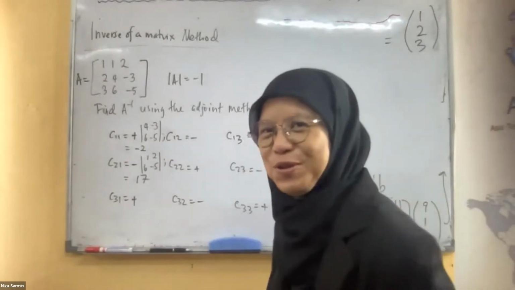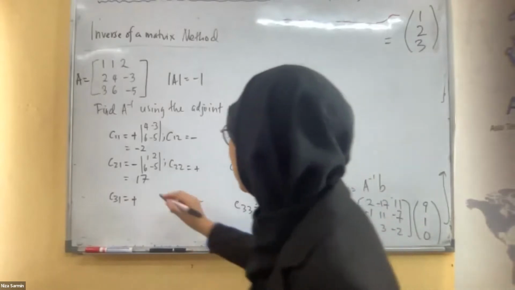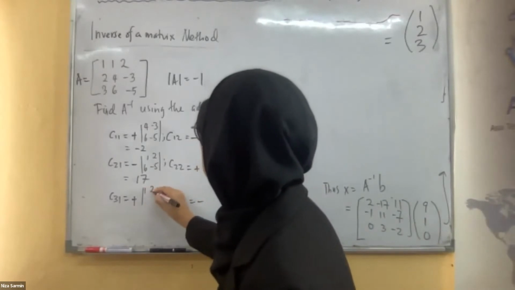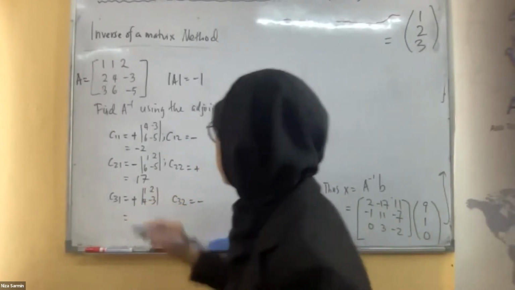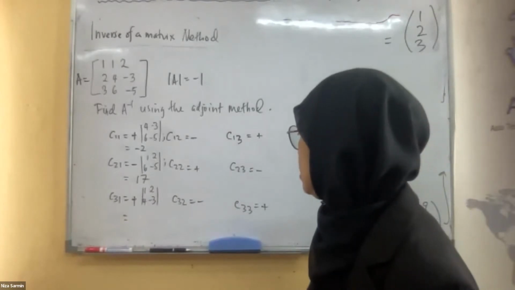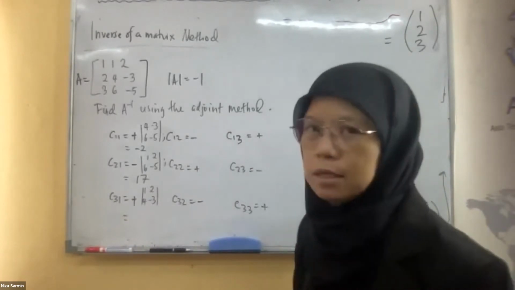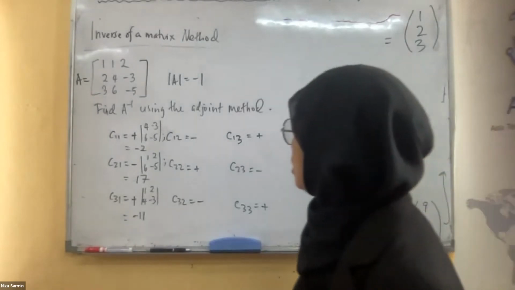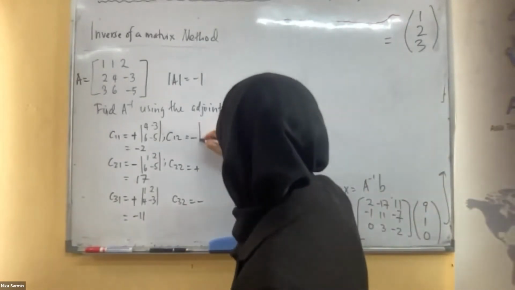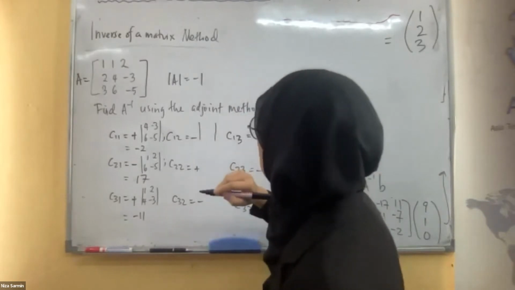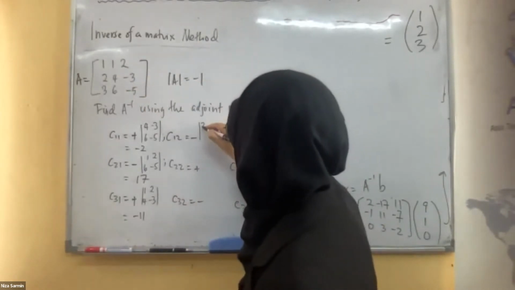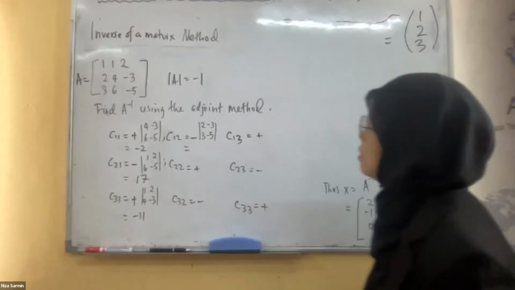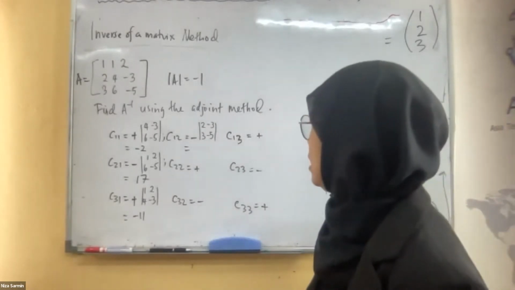Don't wait for me, you do it yourself. And 3, 1, 2, 4, 3. -3 minus 8. Okay. 1, 2, 2, -3, 3. -10 plus 9.